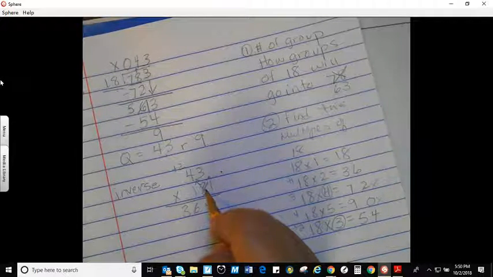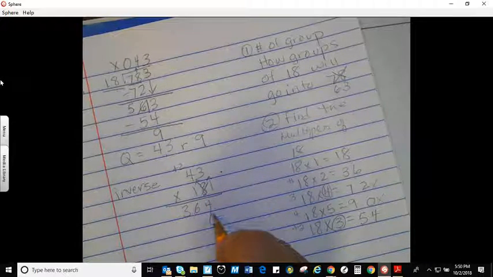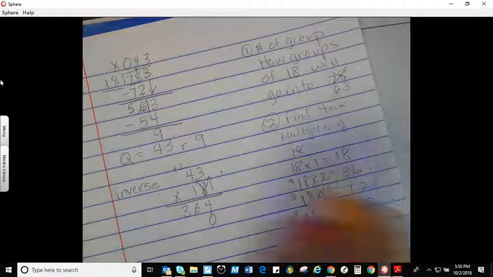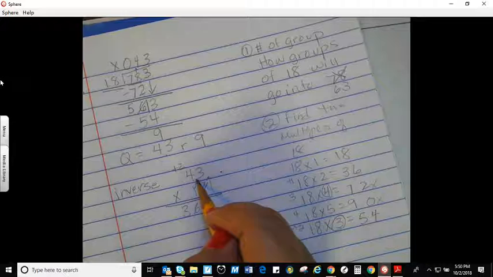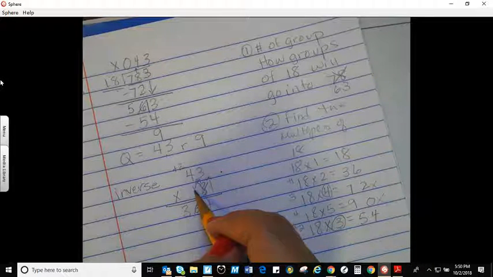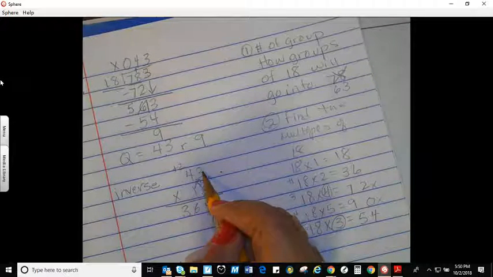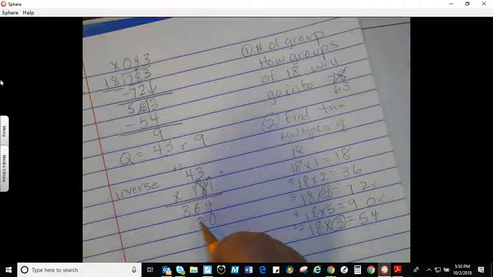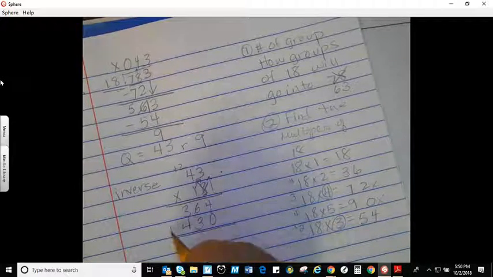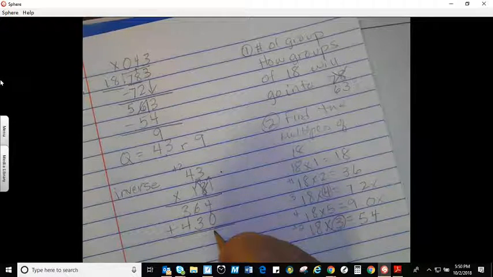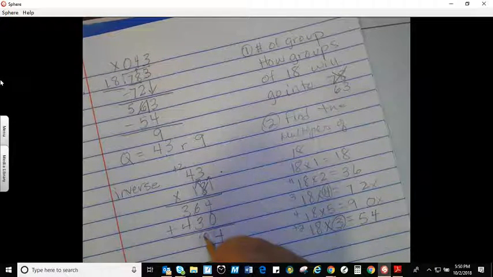I'm done with my ones, and so in my ones place I put my 0 to hold that spot. Now I'm moving this way to my tens, and I have my 1. I'm going to start with my tens going to my ones place, so 1 times 3 equals 3. 1 times 4 equals 4, and I'm going to add those up. 4 plus 0 is 4, 6 plus 3 is 9, 3 plus 4 is 7.